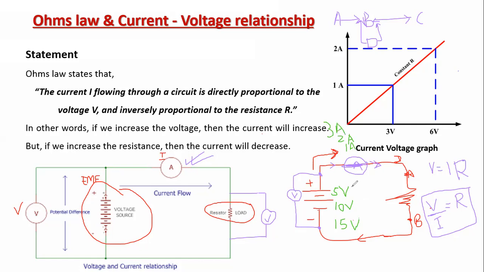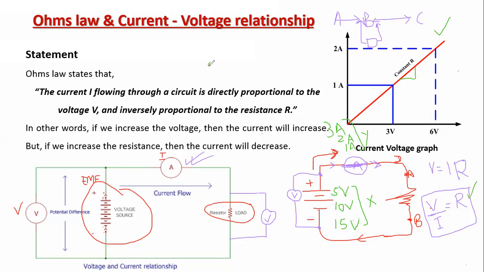So when you plot all of these values on the x-axis and all of these values on the y-axis, you will get a linear relationship like this, where you have a fine slope, and that value of slope will give you the value of resistance.